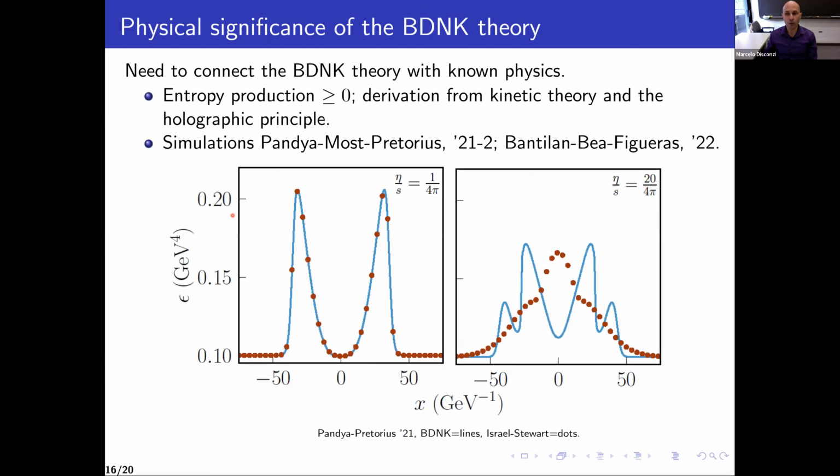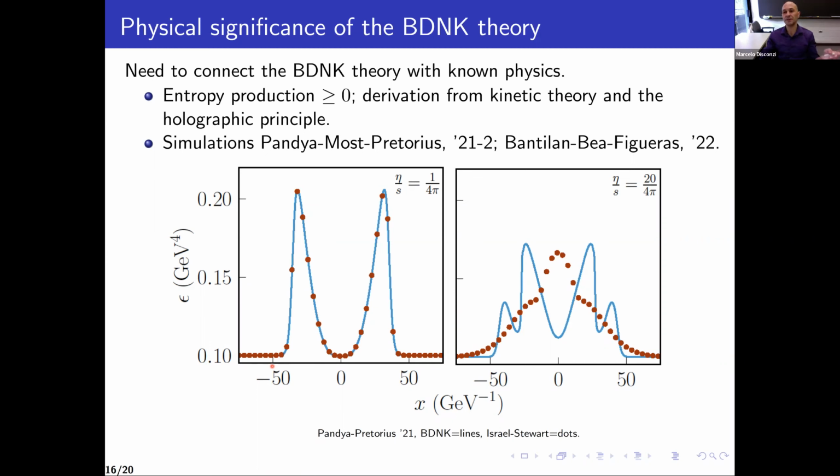Now, if you want to really do something quantitative, there's nothing you can do other than run numerical simulations, right? And again, I don't do numerical simulations, but luckily some other people did the simulations. So here are some simulations by Pandya, Most, and Pretorius. So these are simulations for a one-dimensional conformal fluid. And what you see here, the solid curves are BDNK, and the dots are Israel-Stewart.